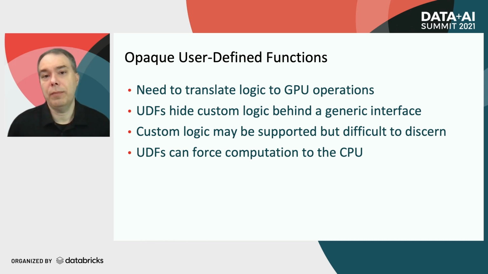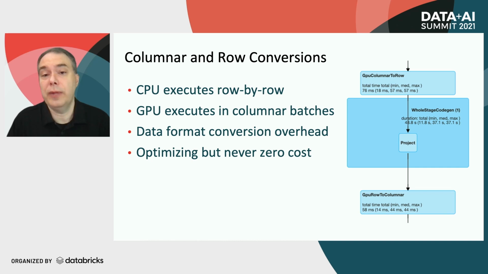So what are some solutions? The other problem we have, besides the UDF not being translated to the GPU and the opportunity cost of being able to speed that function up, is the performance hiccup of columnar and row conversions. Besides the fact that we have to take the data from GPU memory, if it was being processed on GPU, and feed it back into the CPU, we also have to translate its format. The GPU is operating columnar, the CPU is operating row.